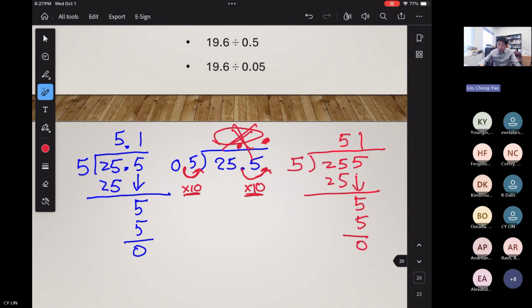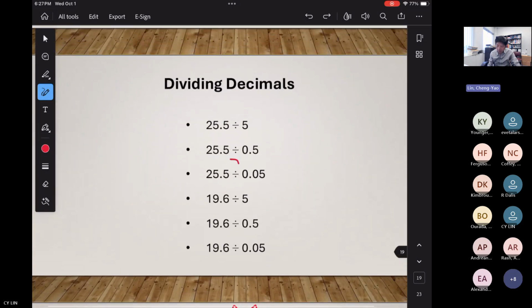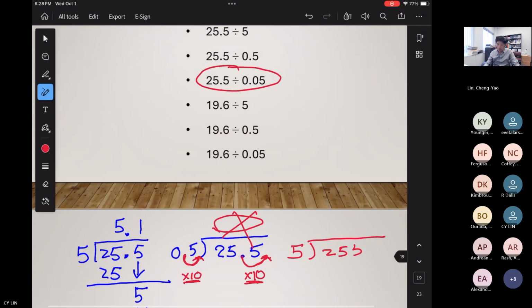So if this is okay with you, how about you do this problem? Take a minute to do this one: 25.5 divided by 0.05. Take a minute to do this, okay?